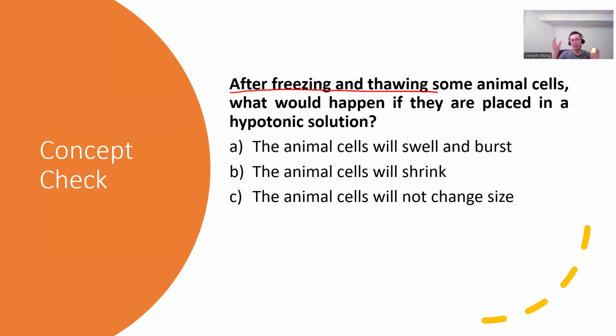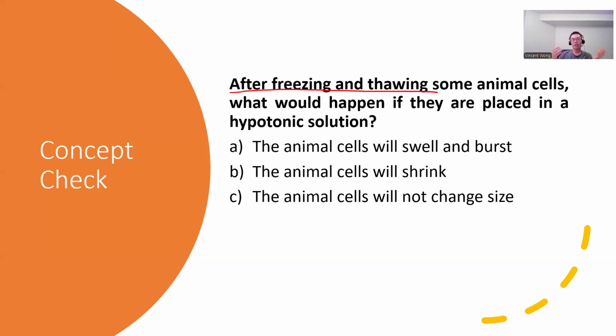When you freeze the animal cell or plant cell, it doesn't matter whatever you're freezing, the water will expand inside the cell, and the expansion, along with the formation of ice crystals, will pierce the cell membrane. Those ice crystals act like little pins and sharp edges that cut the cell membrane.